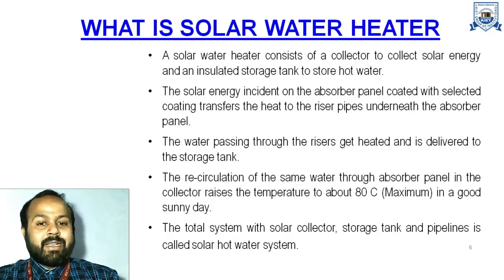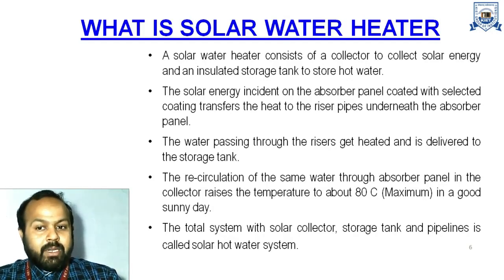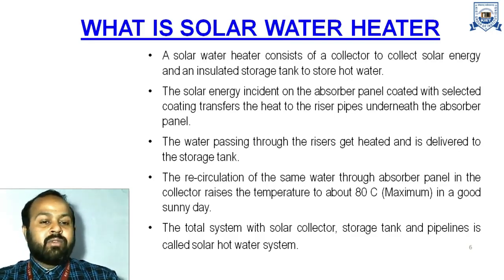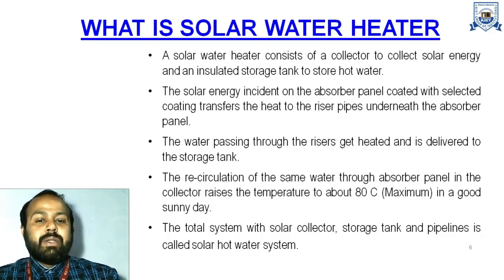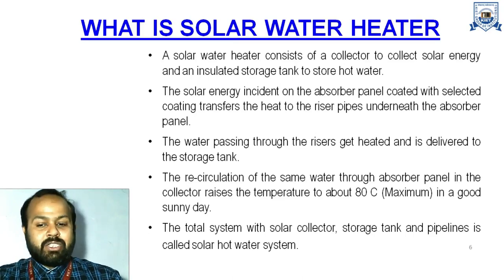The water passing through the pipes gets heated and is collected in a storage tank. Recirculation of the same water through the absorber panel in the collector raises the temperature to around 80 degrees centigrade at maximum on a good sunny day. The total system of solar collectors, storage tank and pipelines connected together is called the solar water or hot water system.